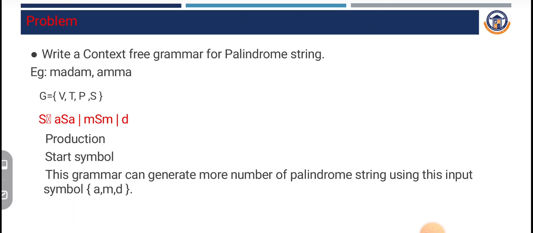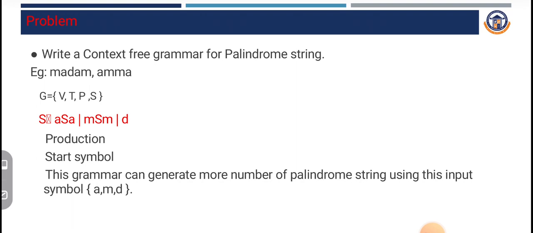So any one of the non-terminals, here the non-terminal is S. S tends to A S A. The same non-terminal will be repeated. So S tends to A S A or M S M or D. Here D is used for the middle of the string. The palindrome string can be generated with the middle or without the middle.